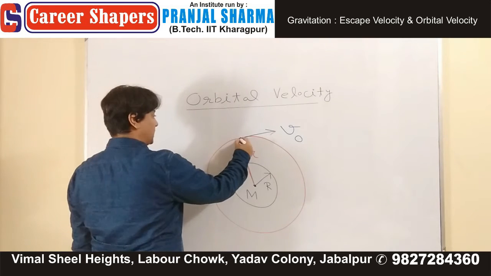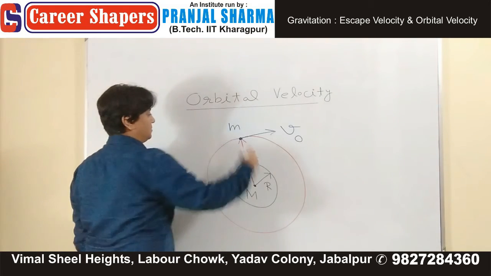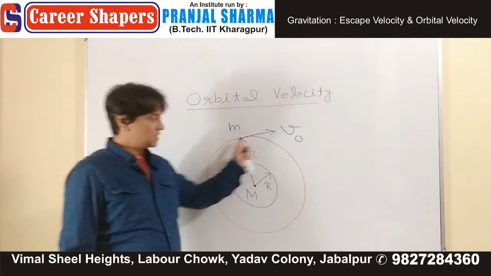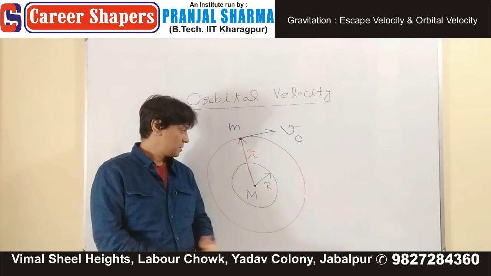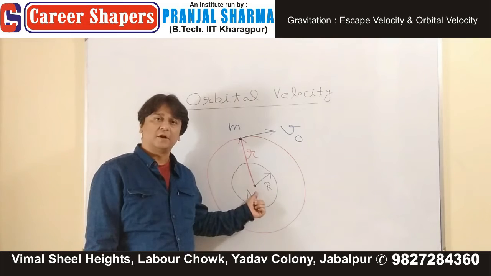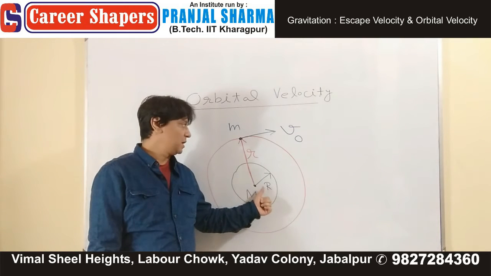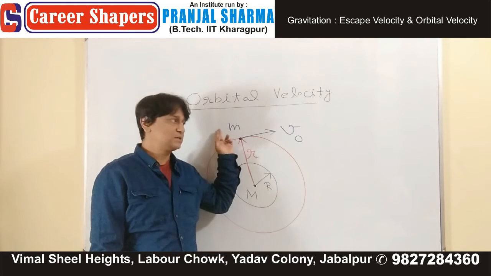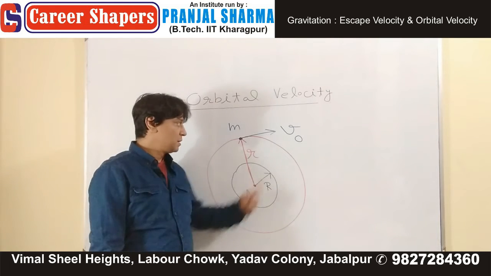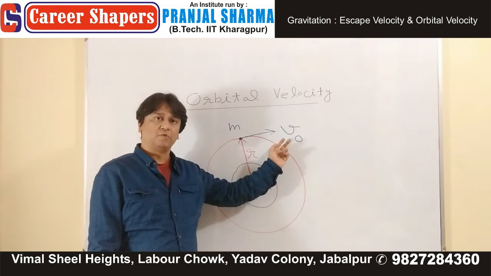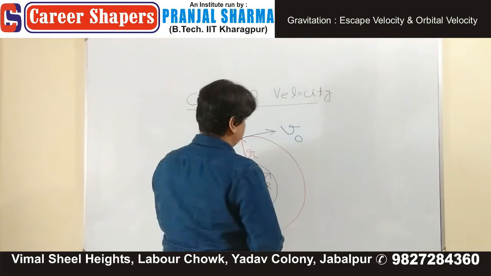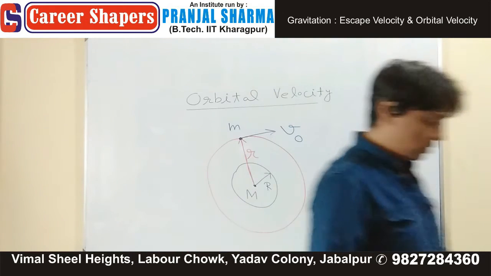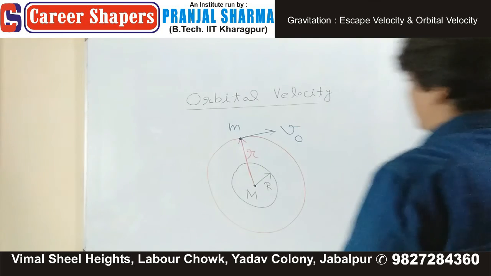Mass of the satellite is m, and it's a circular orbit around this planet of mass M and radius capital R. We have a satellite of mass m which is orbiting with orbital velocity VO. You've got 30 seconds time. Find out what VO is. What is VO?